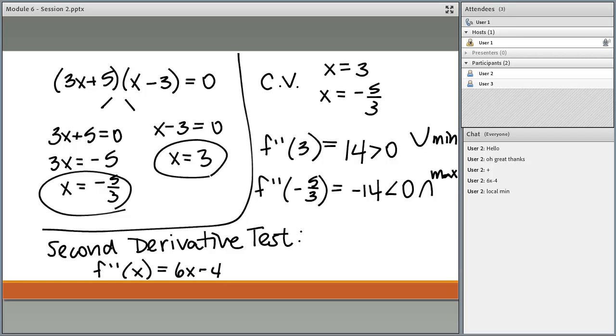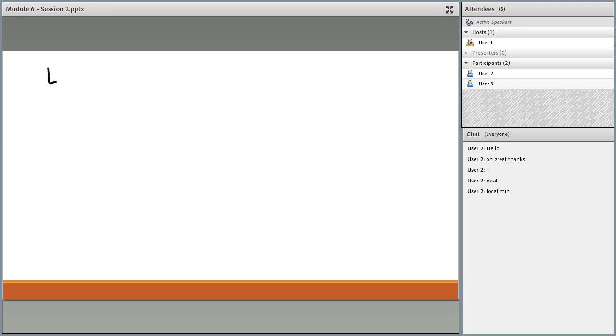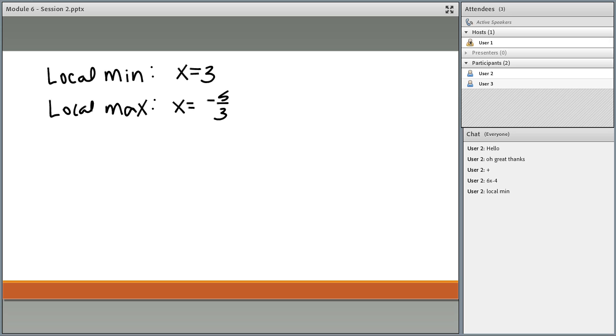So now I know that we have a local minimum and a local maximum. So our local minimum is at x equals 3, and our local maximum is at x equals negative 5 over 3.